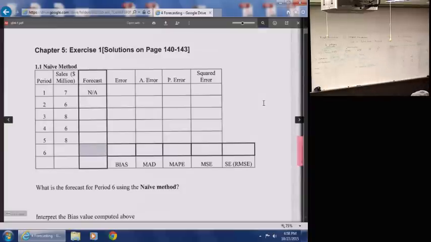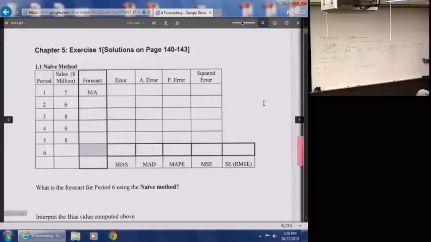And for the numbers, you got the actual sales, you got the prediction, you compute the errors, and then you compute the squared errors. You don't have the first prediction, so no first error. What would be the squared error for this term? 1, right? -1 squared is 1. The second number? 4, positive 2 squared is 4.